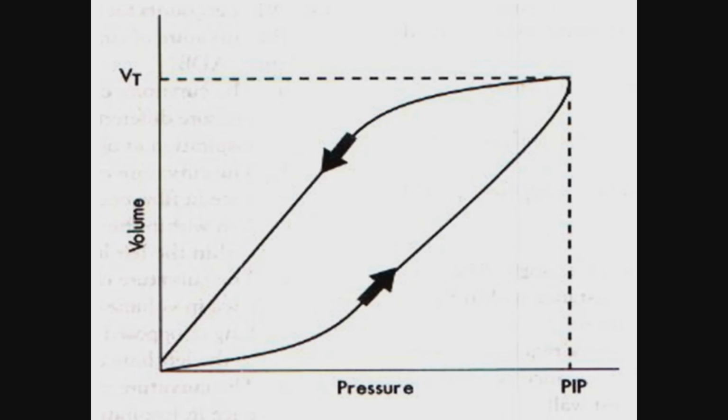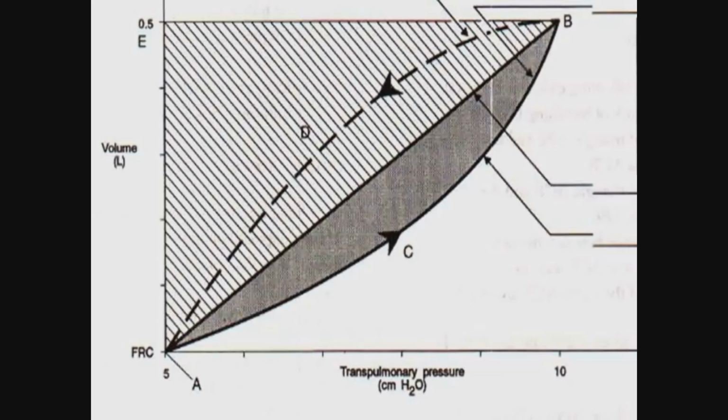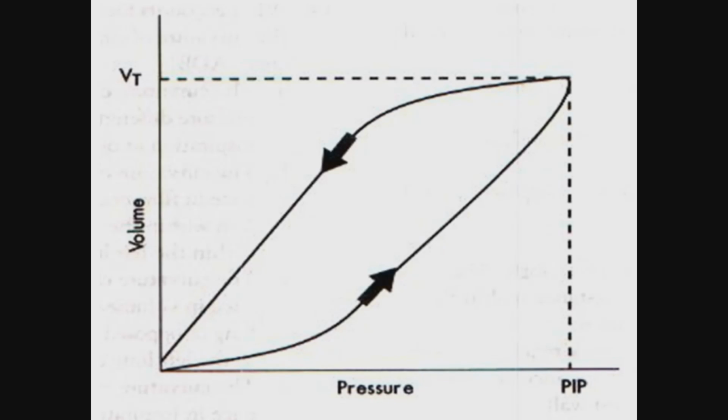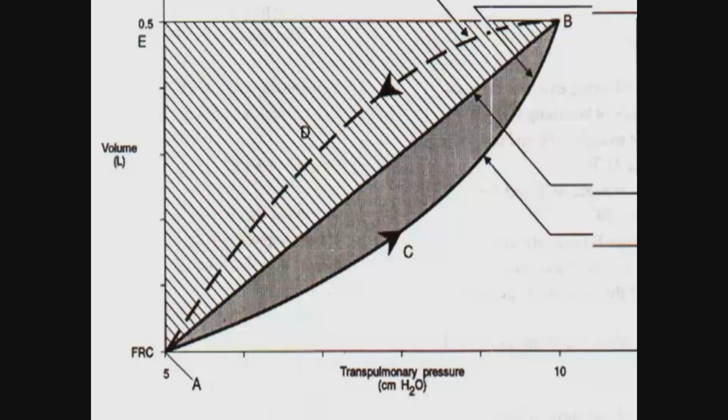You can also look at a pressure volume picture. That here is a mechanically delivered breath. It rises to a certain peak inspiratory pressure and a certain tidal volume being attained. That's the distinction between the two.